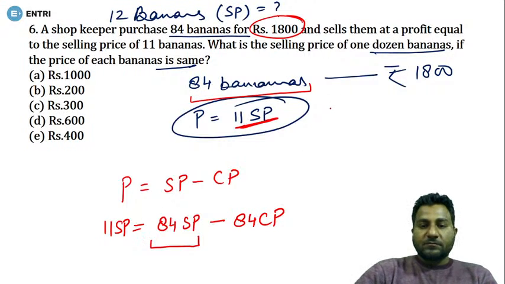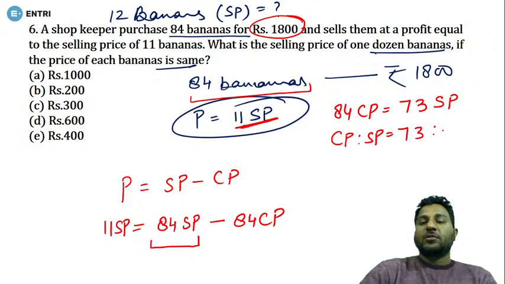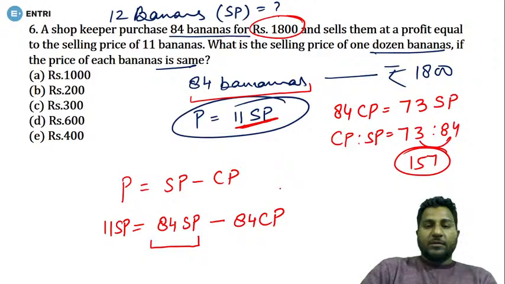So the cost price of 84 bananas must be equal to the selling price of 73 bananas. Now how are we going to solve this? Cost price and selling price would be in the ratio 73 to 84.